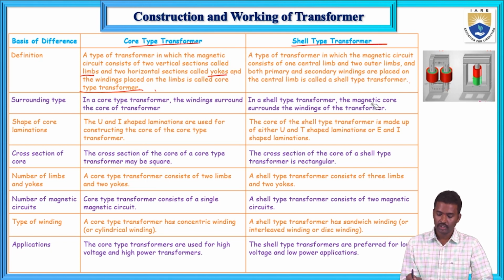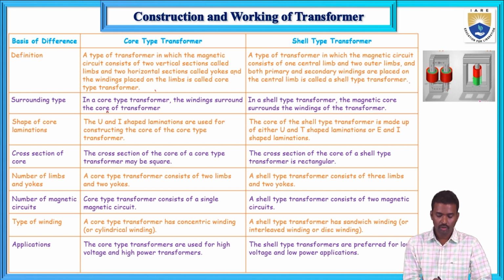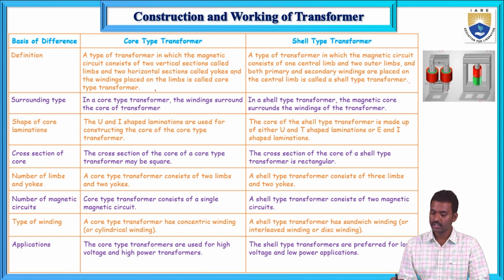Next, in the core type transformer, the windings surround the core; the windings are wound on the core only. But in the shell type transformer, the core surrounds the winding, so this is the reverse case.